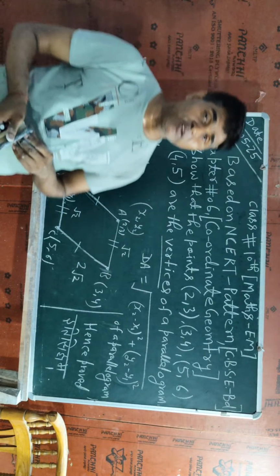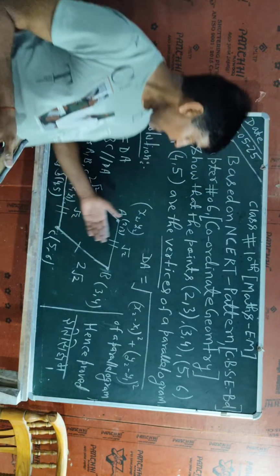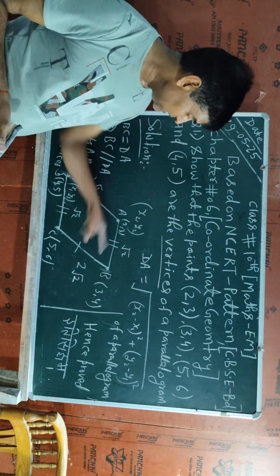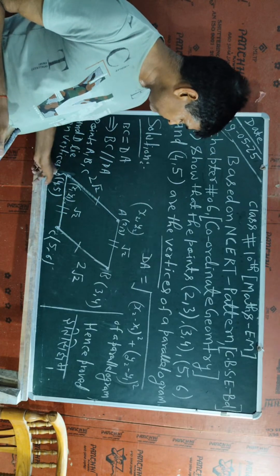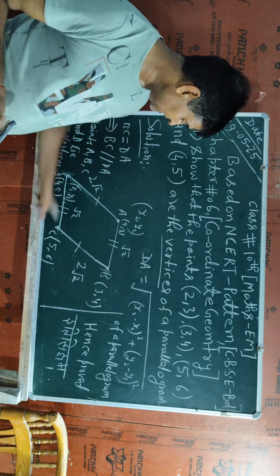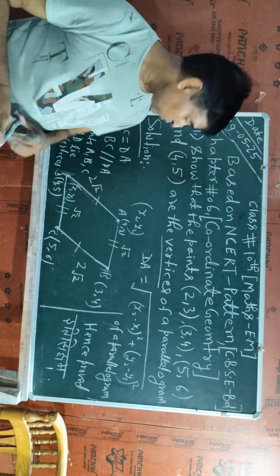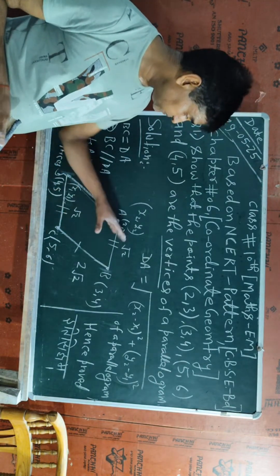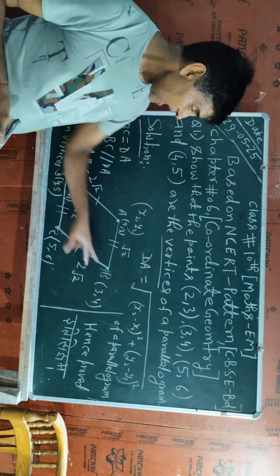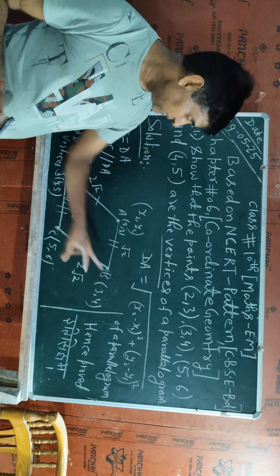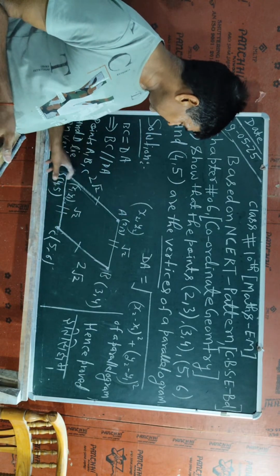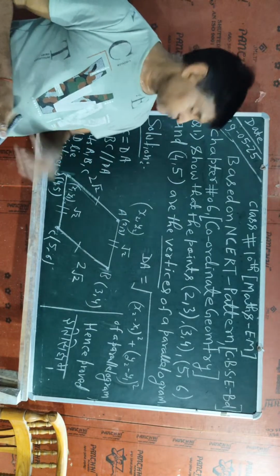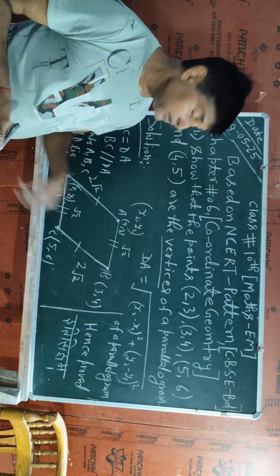After calculating, I observe that AB is equal to DC, because length is always positive, so both lengths are equal. And again, BC is equal to DA. Both lengths are equal.